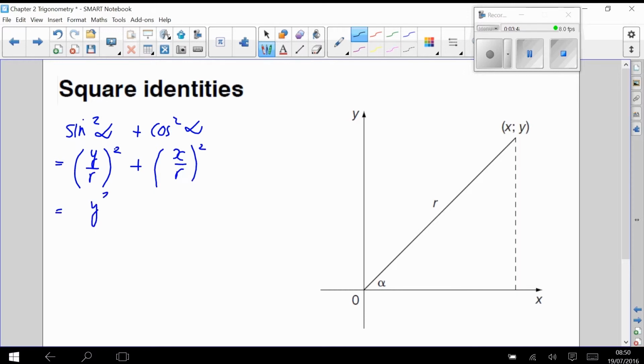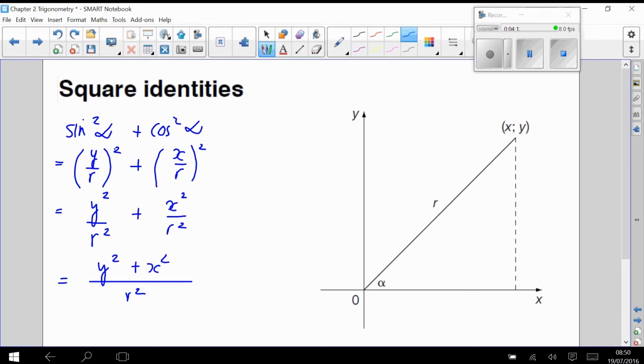In other words, I'm going to get y squared all over r squared plus x squared all over r squared. And I write that so that it is all over a common denominator of r squared. I'm going to have y squared plus x squared all over r squared.